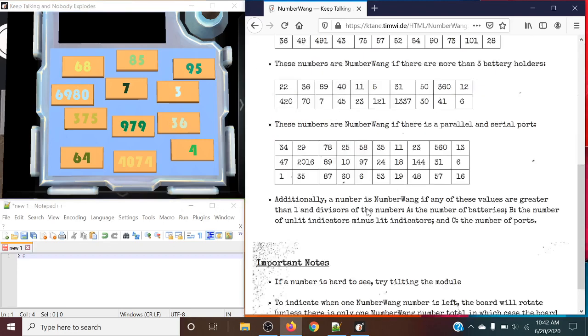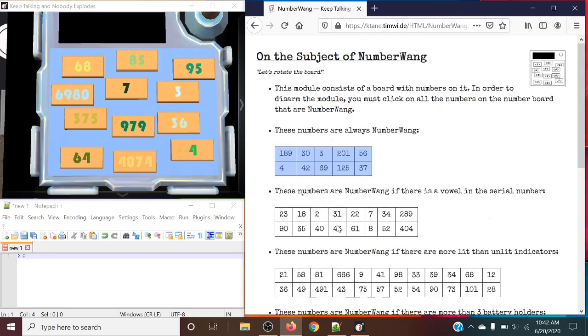So, let's go down to our divisibility rule. Since we determined that the number has to be divisible by 2, we can press any even number. So, just checking for the last digit of the number, we can start pressing that. We already pressed 4, and we've already pressed 3. Let's press 36, 4074, and 64.